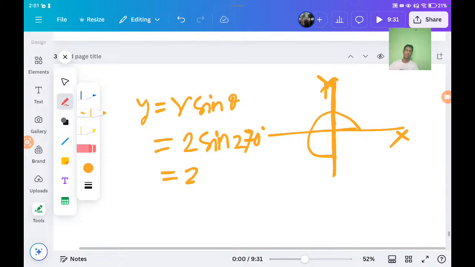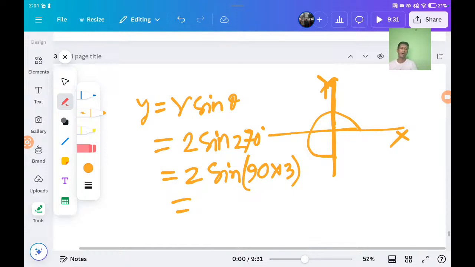So the sine function will be negative here. We can write 270 as 90 degree into 3, and the value of sine 90 equals 1.